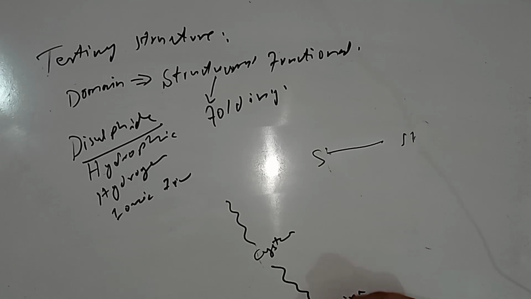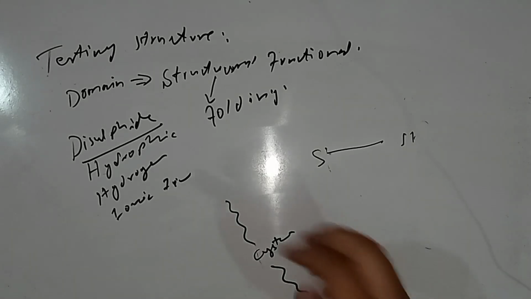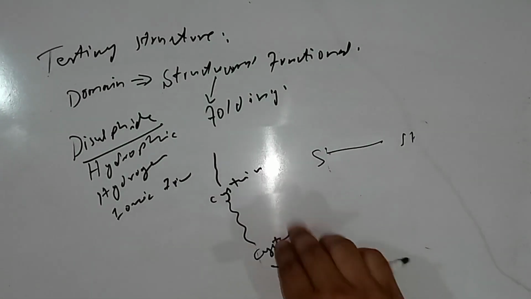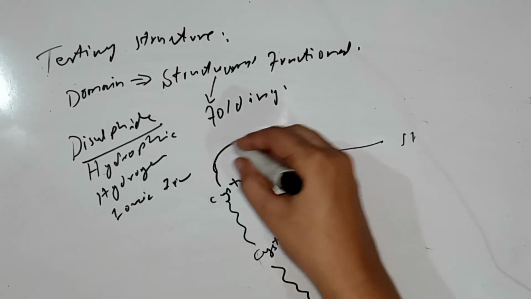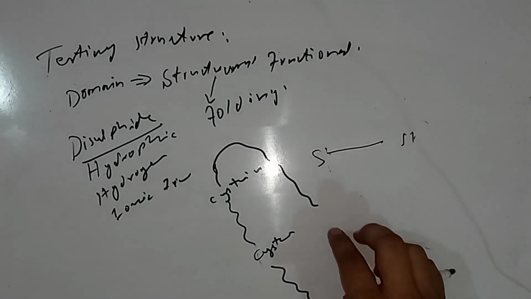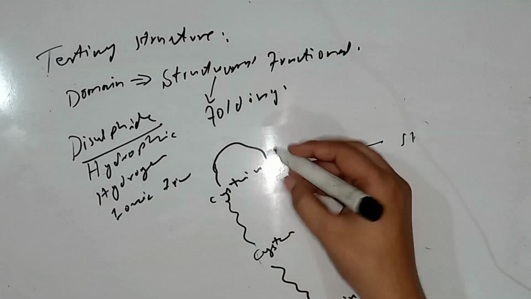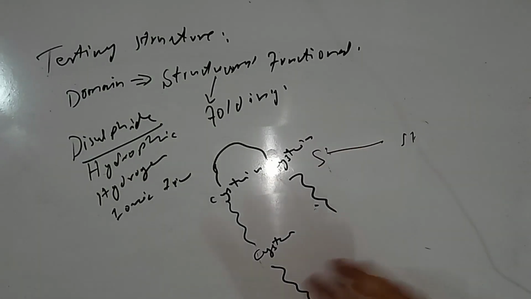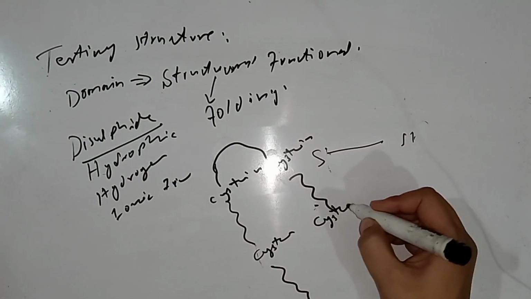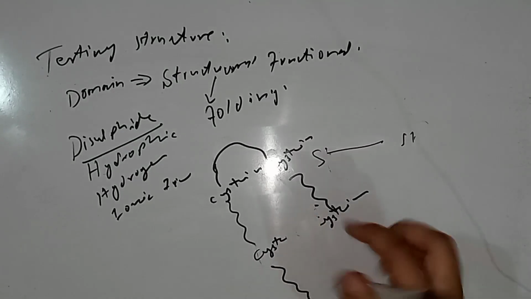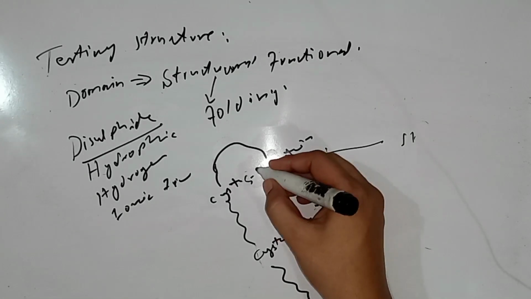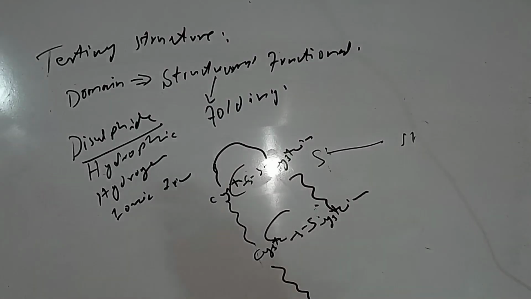When the chain folded upon itself, the two cysteine residues came in front of each other, they interacted and formed disulfide bonds. And these disulfide bonds give stability to the tertiary structure.